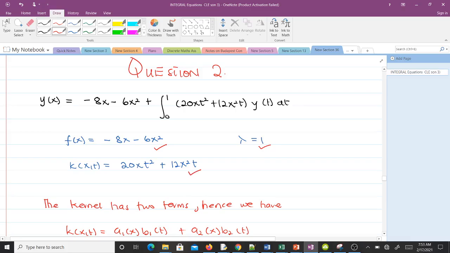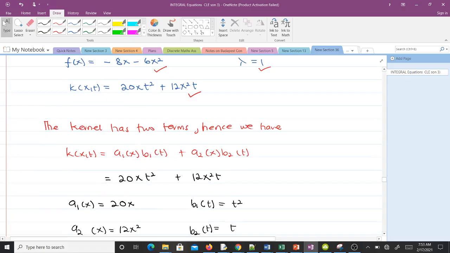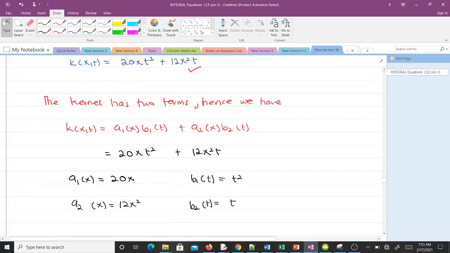You can see that for this question too, our kernel has two terms. Hence, to show that our kernel is degenerate, you write it in this form and do further analysis. The kernel is 20x t squared plus 12x squared t. So we have a1 of x, b1 of t equals 20x t squared.